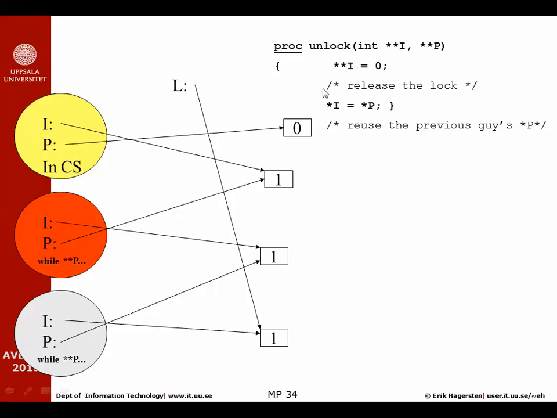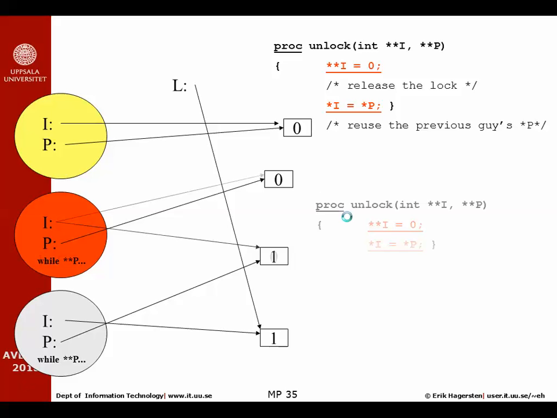Releasing the lock is quite simple. You just write a 0 to whatever I is pointing to. So when the yellow thread wants to do that, it writes 0, and then it makes sure that I and P are pointing to the same thing again, just to get into the initial state. So it's a single write operation, and so forth.